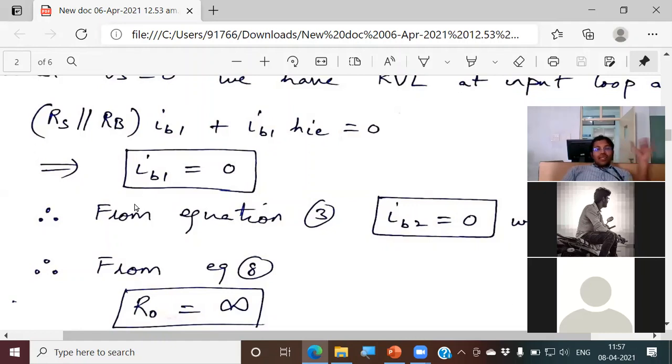Okay, that's it. This is the process for analyzing any given amplifier circuit. First take the amplifier circuit, go for the AC equivalent. In the AC equivalent, replace the transistor by its H parameter model. If the question says exact model, use the exact model, or if the question says approximate model, use the approximate model. Then apply simple KCL, KVL.